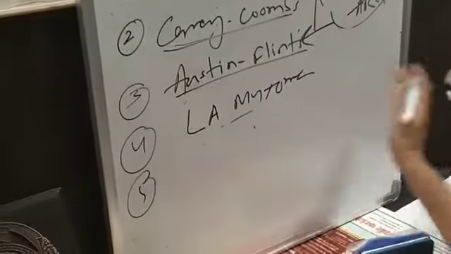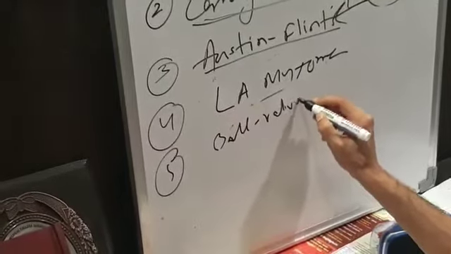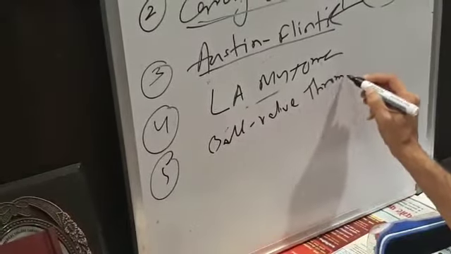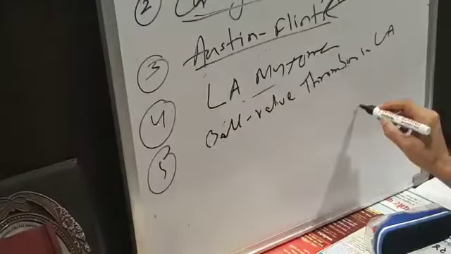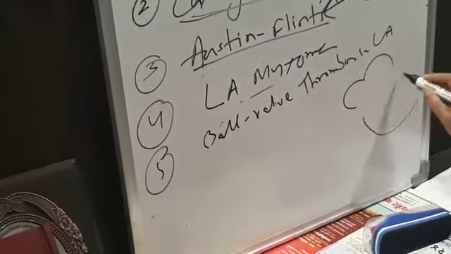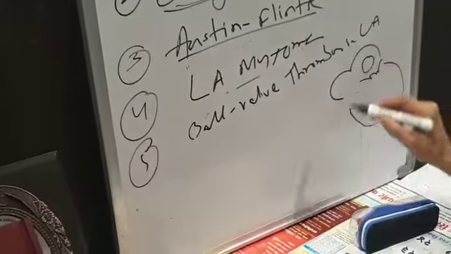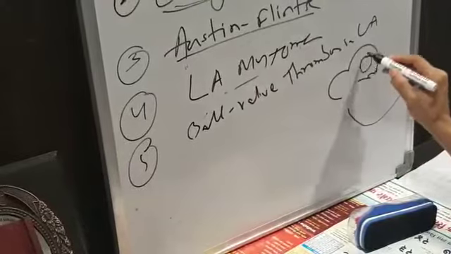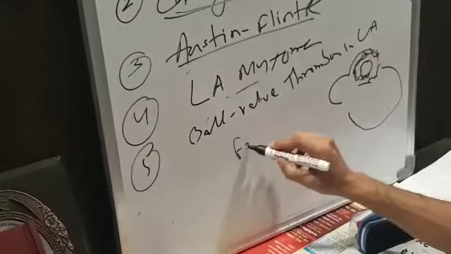Another condition where you can get a mid diastolic murmur at apex is a ball valve thrombus in LA. What is a ball valve thrombus? It is a freely floatable thrombus. There is a thrombus in the LA which is freely floating inside the LA.